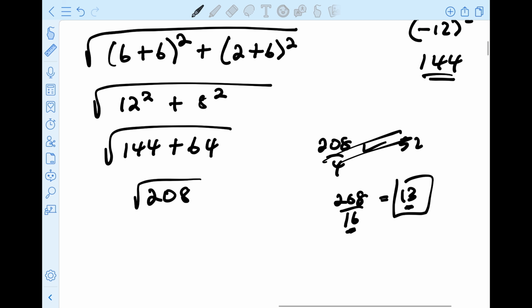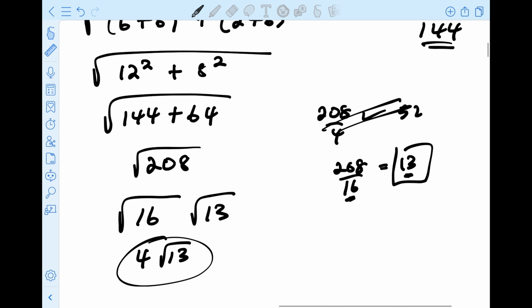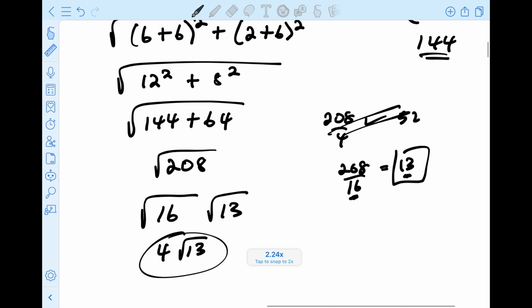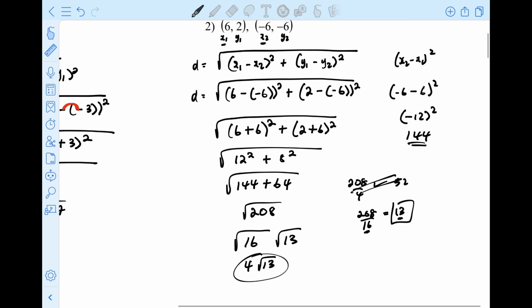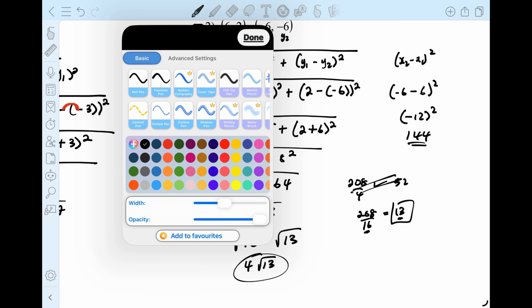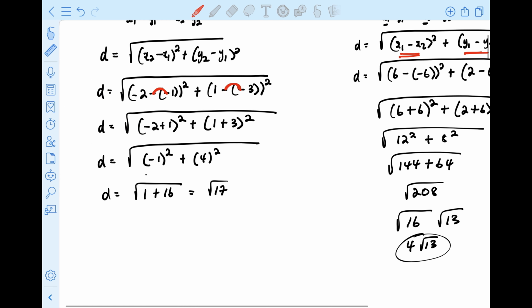So this will be the square root of 16 times the square root of 13, which will give me 4 root 13. This is my answer. I hope you see how different things are coming together. I hope you understand that maintaining consistency with the formula is important, right? With your x1 minus x2, y1 minus y2, or x2 minus x1, you're going to get the same positive answer.